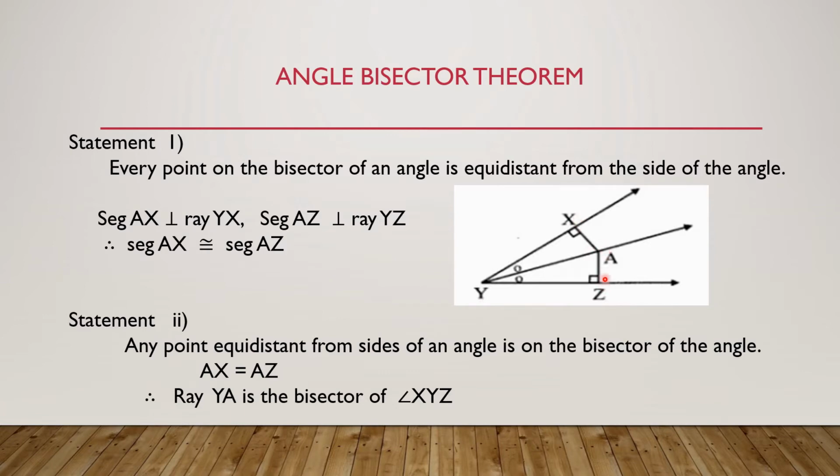That is, segment AX is congruent to segment AZ. Statement 2, any point equidistant from the sides of an angle is on the bisector of the angle. That is, AX is equal to AZ, therefore ray YA is the bisector of angle XYZ.